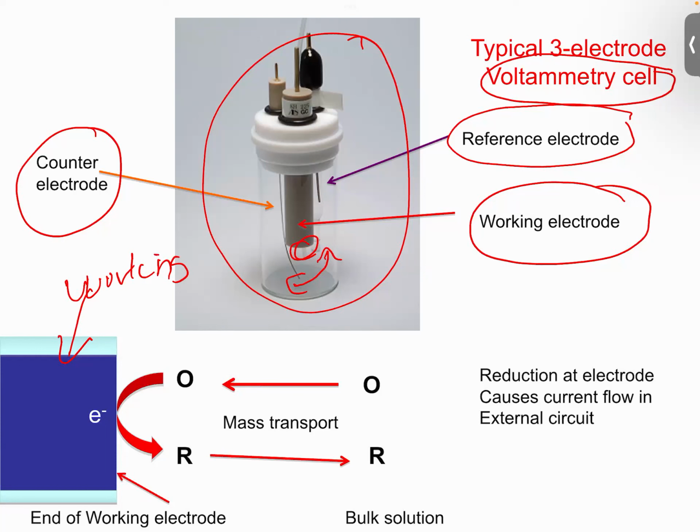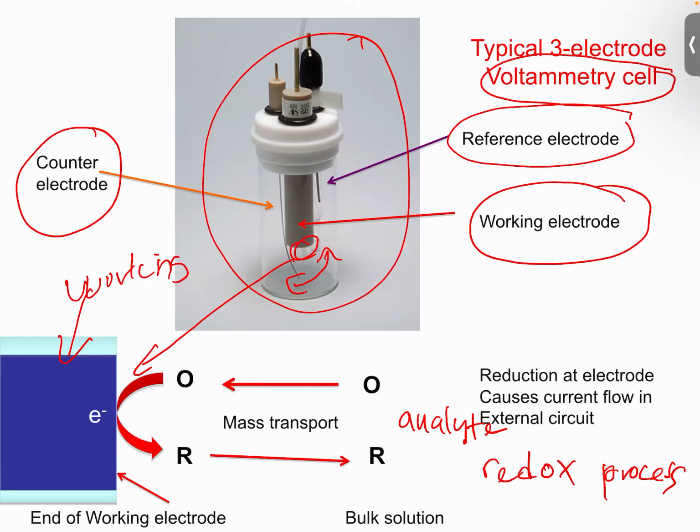So you can see the surface here, this is what happens. You have your analytes, and you have a redox process. Redox is actually reduction and oxidation, a combination of reduction and oxidation, so it is called a redox process.